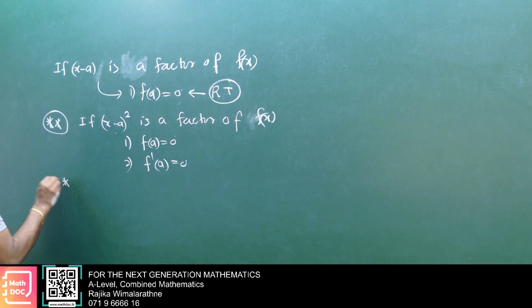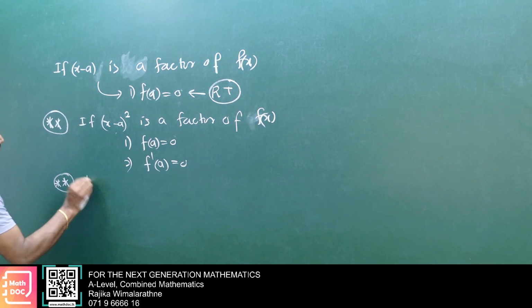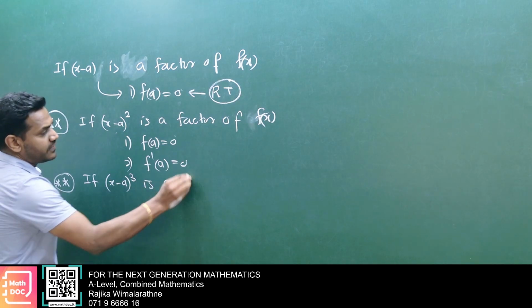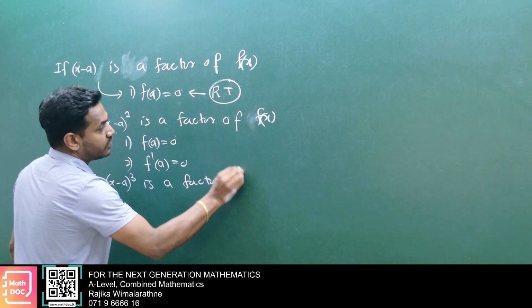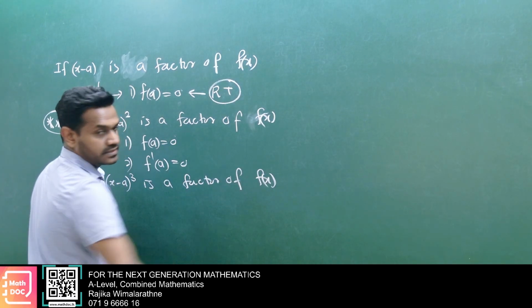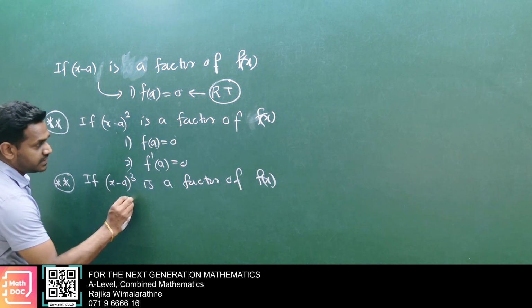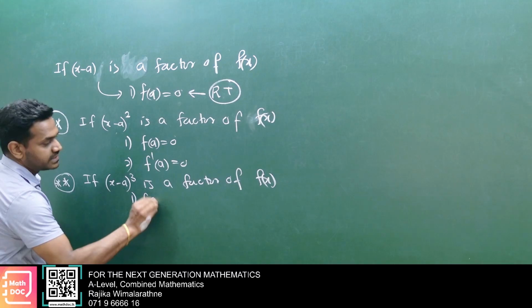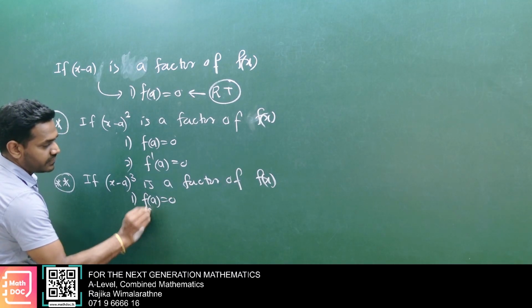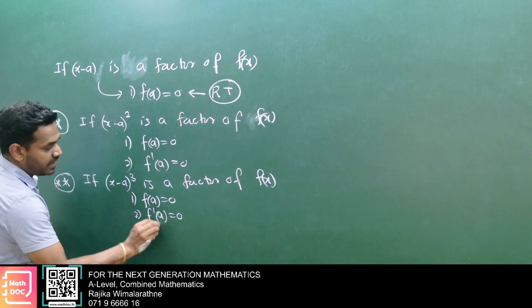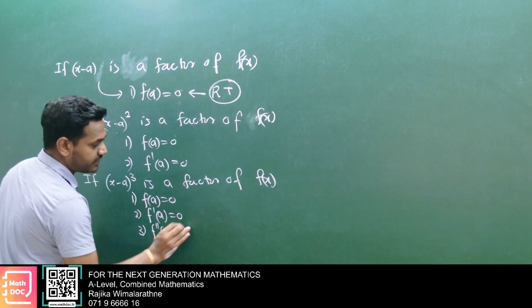Then further, if (x minus a) cubed is a factor of f(x), then first f(a) is 0, second f dash a is 0, third f double dash a is 0, the second derivative also 0.